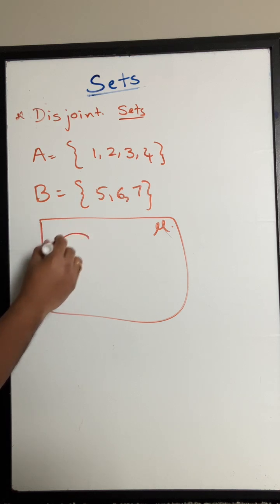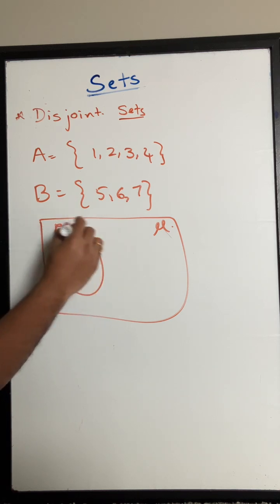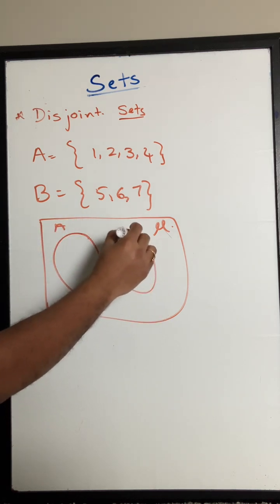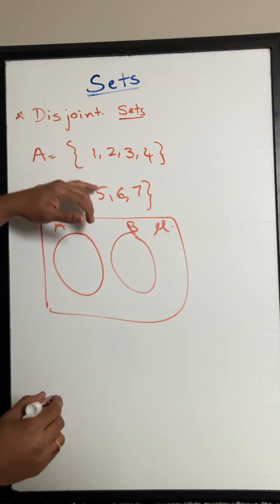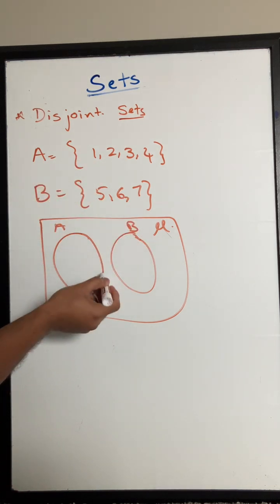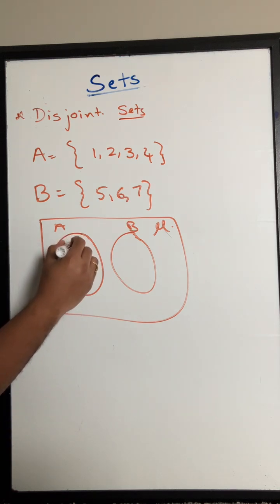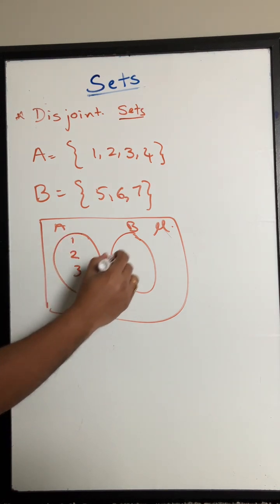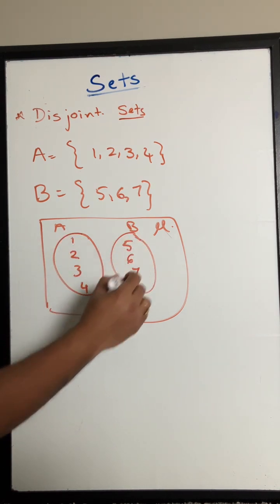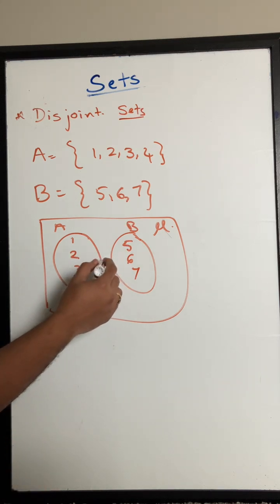This is my A, this is my B, and because A and B don't have any common elements, there is no point in having an intersection. So I have 1, 2, 3, 4 here and 5, 6, 7 here, with no joining between them.